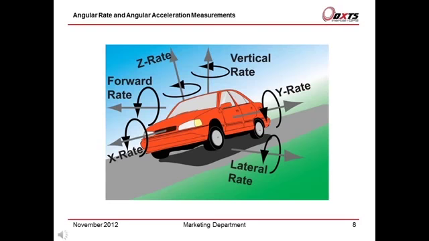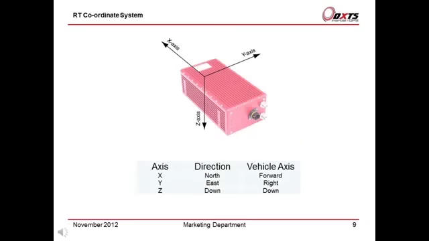Note that the directions of the drawing are not necessarily correct. The Euler rates are as follows: roll rate equals X rate, pitch rate equals lateral rate, the yaw rate equals the down rate. The angular accelerations are in the same directions as the angular rates.